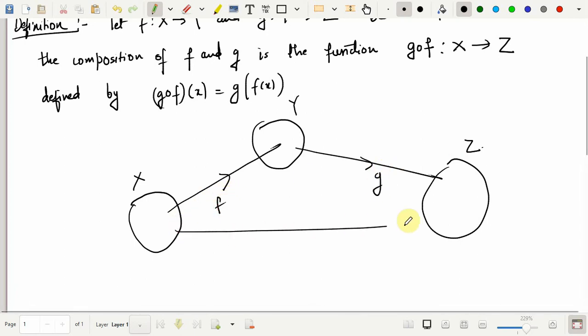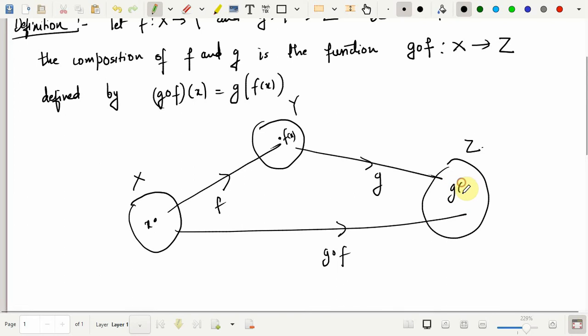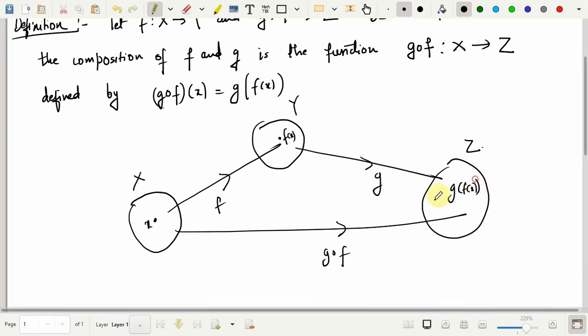Then you define g composite f. g composite f is a function going from X to Z. So basically what it does, we know that if we have x over here, this x goes to Y through f as f of x, and this f of x goes to Z through g as g of f of x. So that's how it directly takes this x to g of f of x through g composite f.